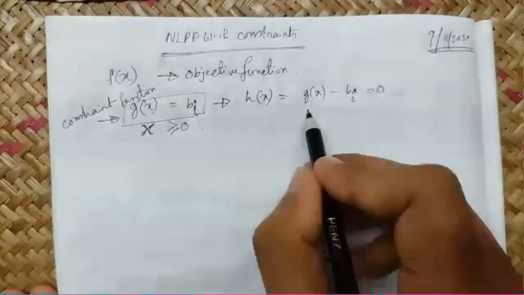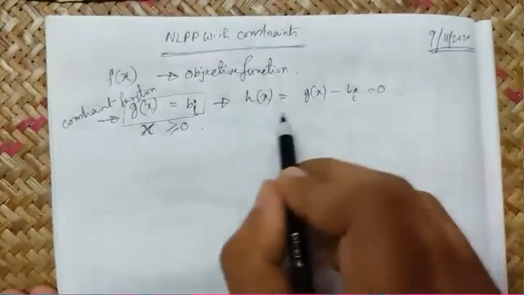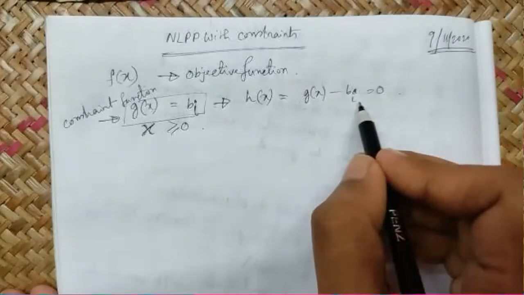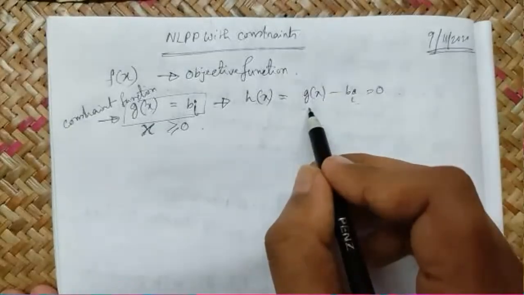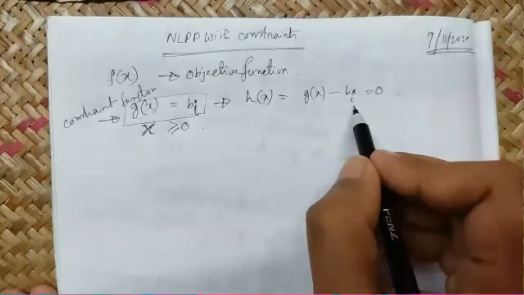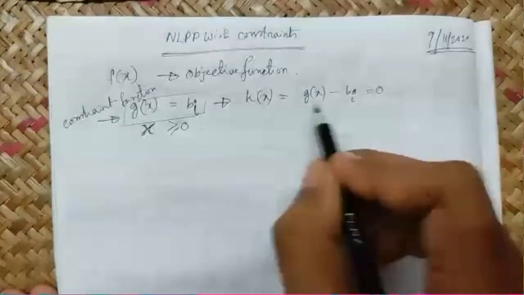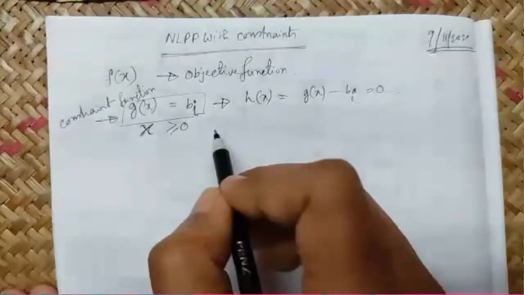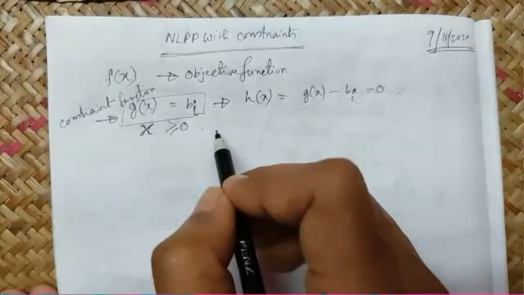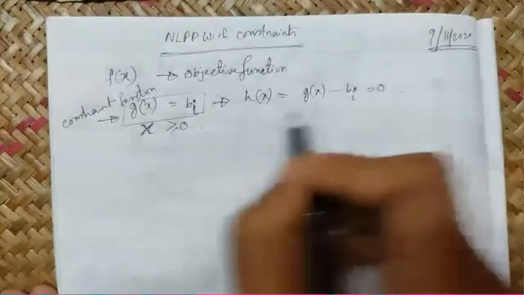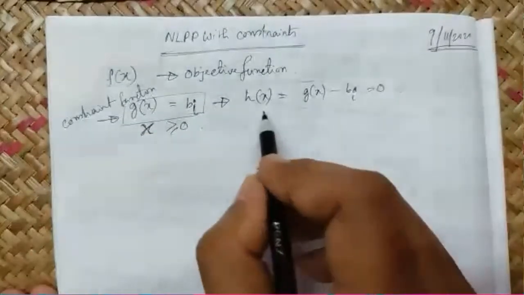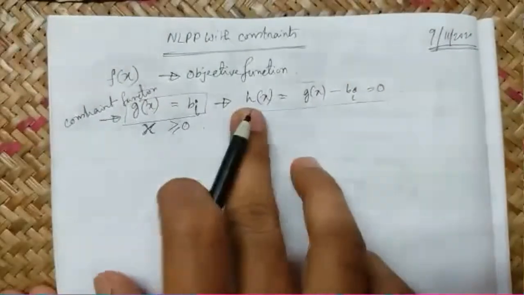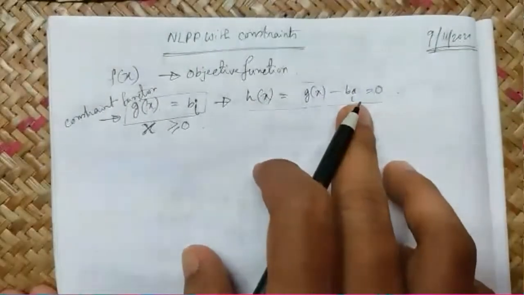So this function g(x) minus b_i is a constraint. For the ith constraint, the b_i will be the constant. It will be much better when we start with an example. So now we have this objective function and this rearranged function, where h(x) equals g(x) minus b_i.